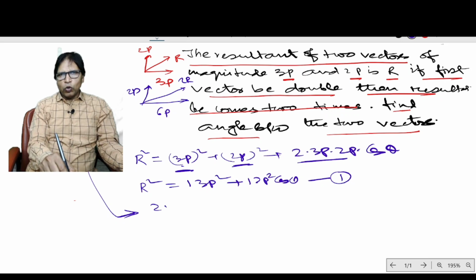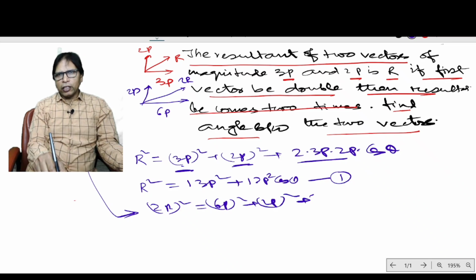From the second case, look at this. This is 2r whole square, equal to 6p whole square plus 2p whole square plus 2 into 6p into 2p into cos theta.